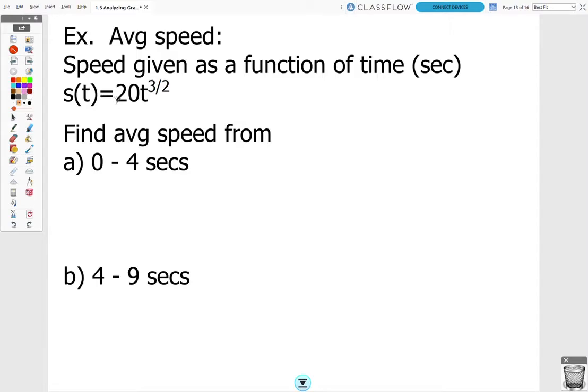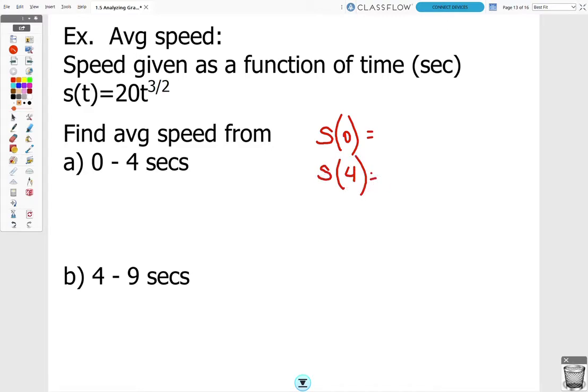So you want to know if the speed is given as a function of time in seconds. S of t is equal to 20 t to the 3/2 power. And you want to find out, okay, what's my average speed between 0 and 4 seconds? Well, we need to first find out what S of 0 is equal to. We need to find out what S of 4 is equal to.